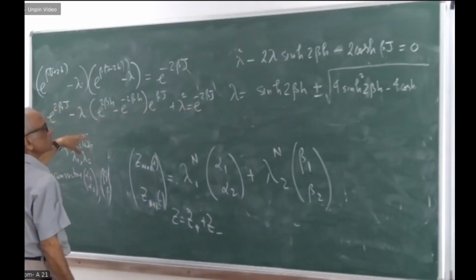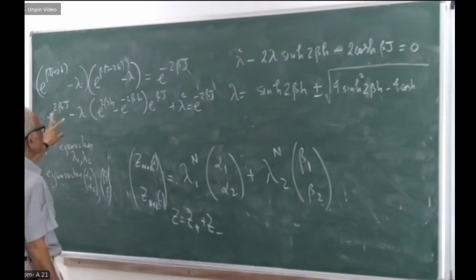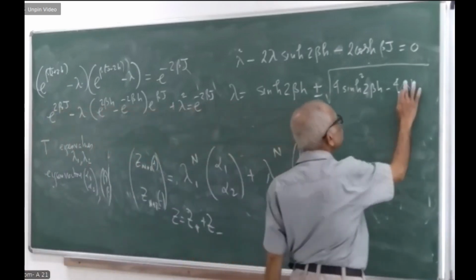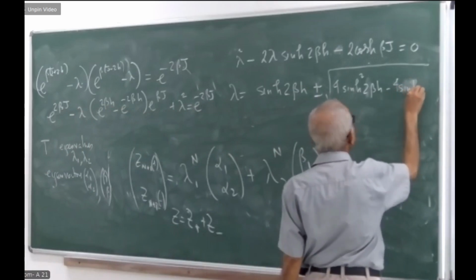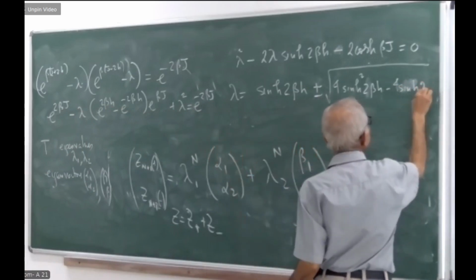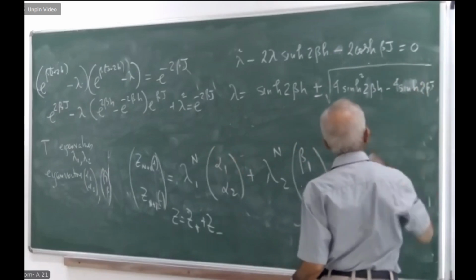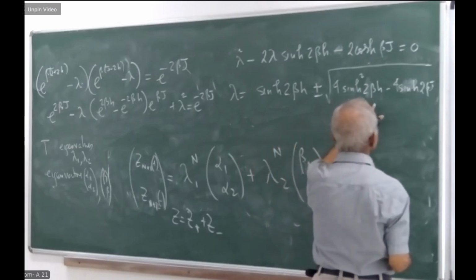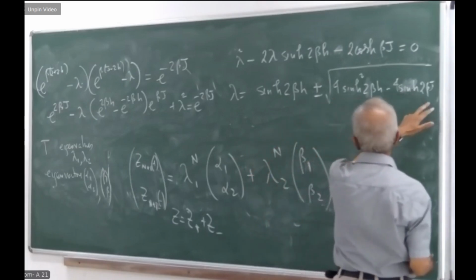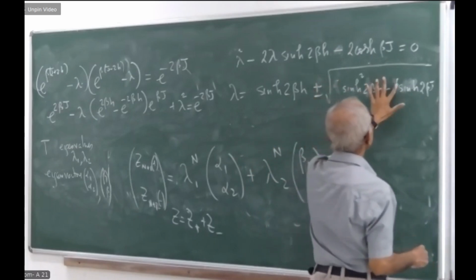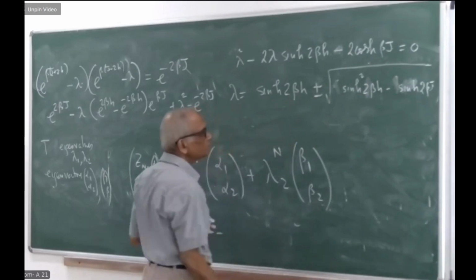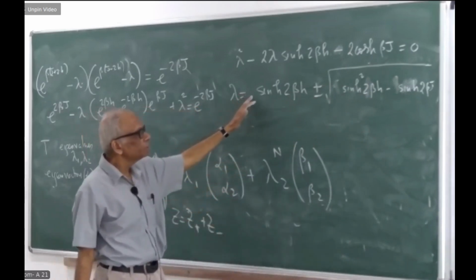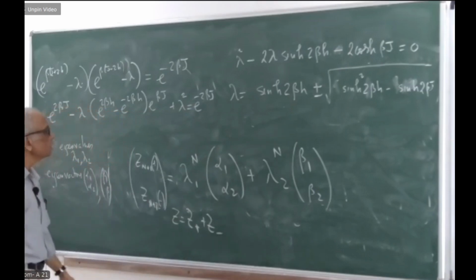That's a minus. It's e to the power 2 beta J minus e to the power... So it is a sinh 2 beta J. So it is sinh squared 2 beta h minus 4 sinh 2 beta J. The 4's go out, and that is that. So because there is a 2 in the bottom, it is sinh 2 beta h plus minus.